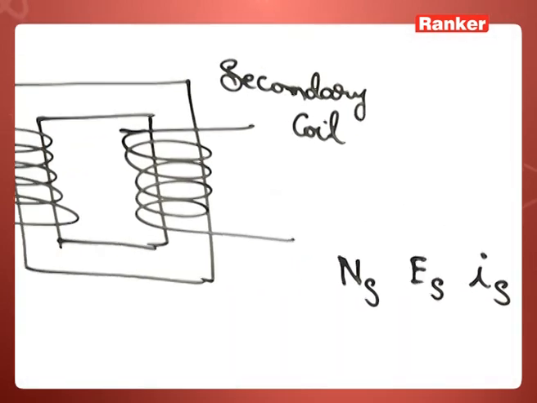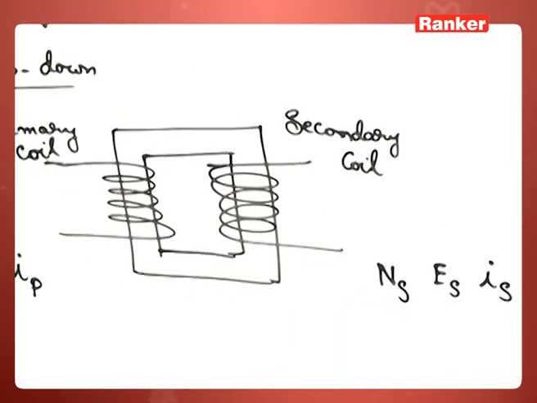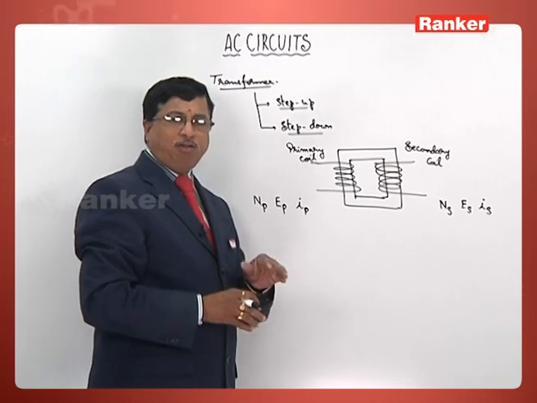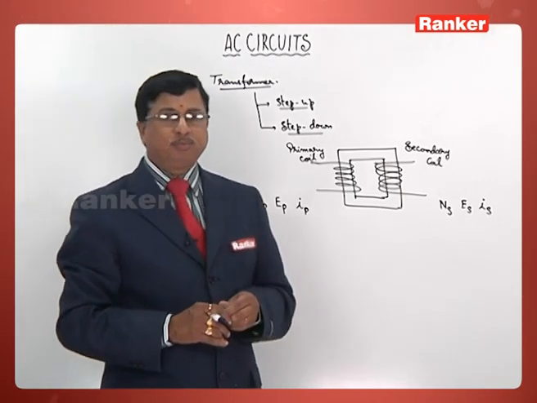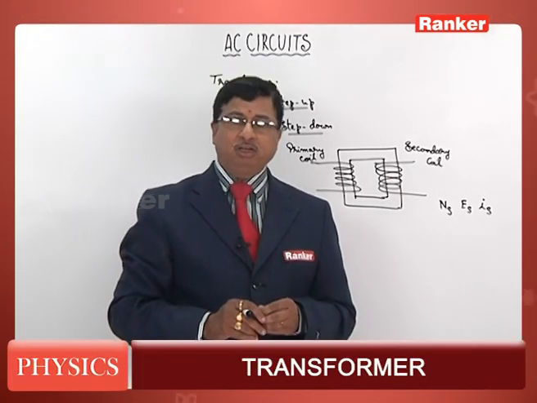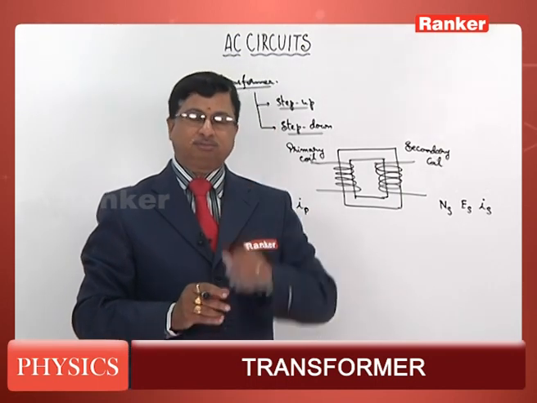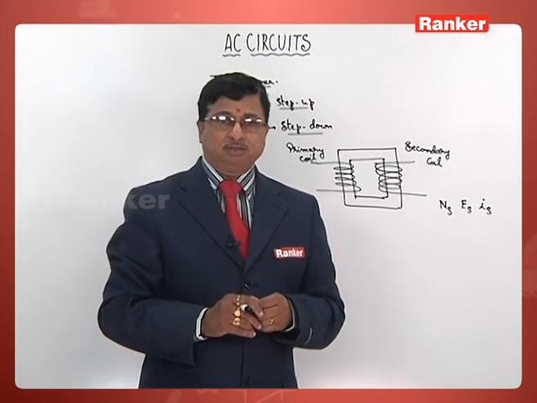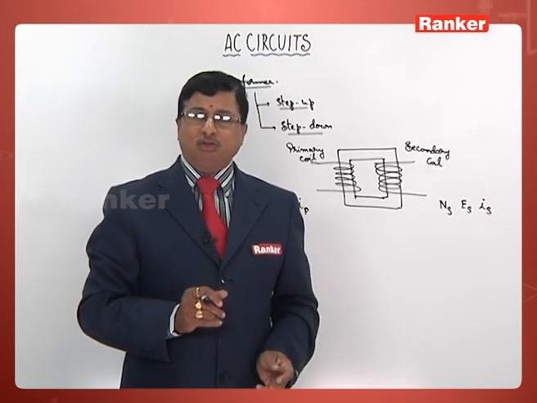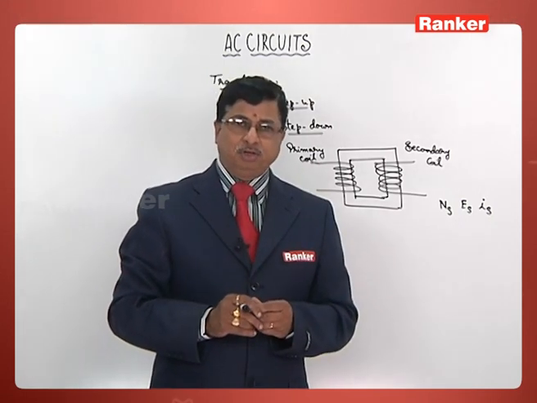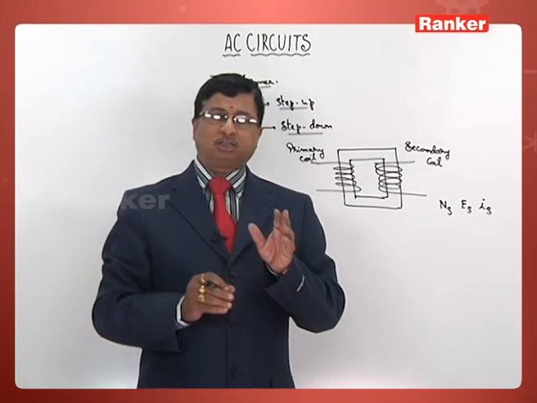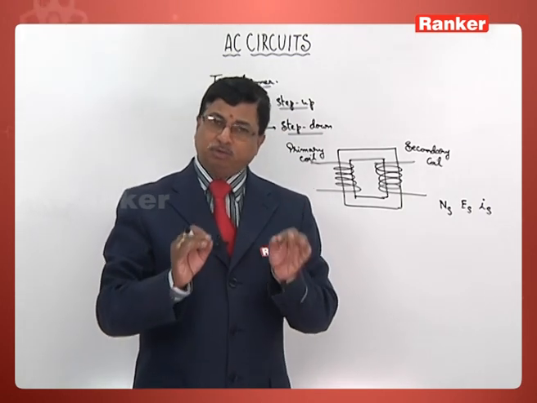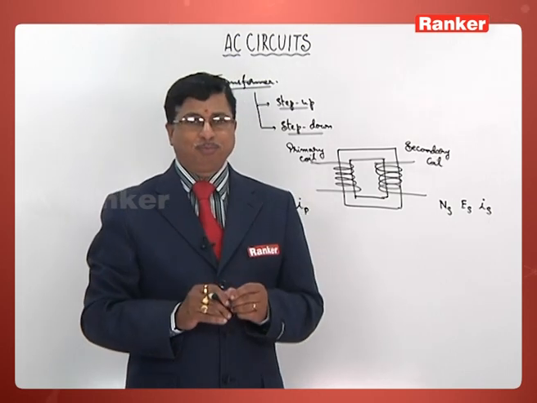Now, usually whenever we consider a transformer, we always prefer to take it as ideal. Ideal transformer we call it. In reality, the ideal is only on paper. No transformer can give 100% efficiency, we know that point also.